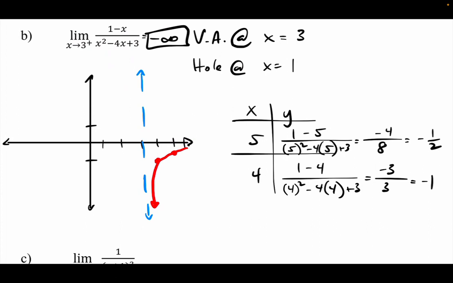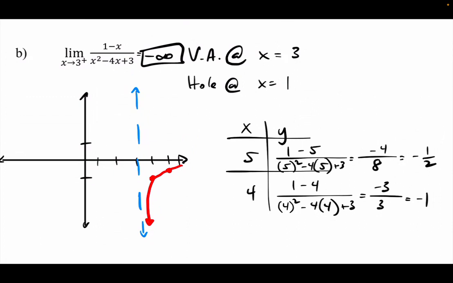How do you get negative 4/8? Oh, you simplify it. Did I simplify wrong? So I get negative 4 on top, over negative 2, it's 25 subtract 20 plus 3. Because positive 25 minus 20 is positive 5.